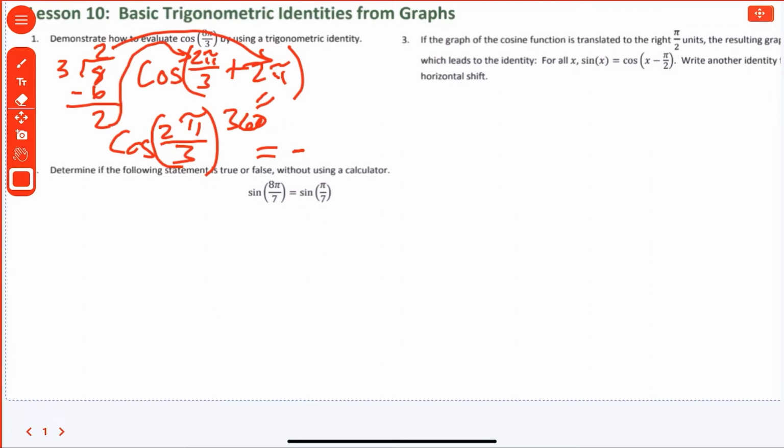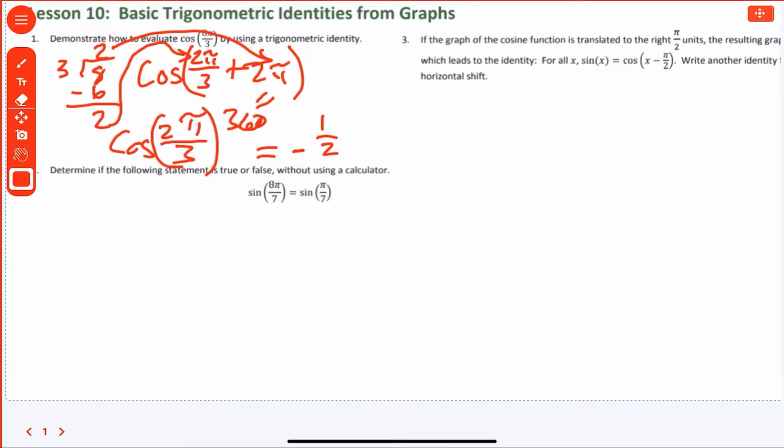And what is the value? Well, that's going to be 1/2. You should be able to look at your unit circle and tell that.